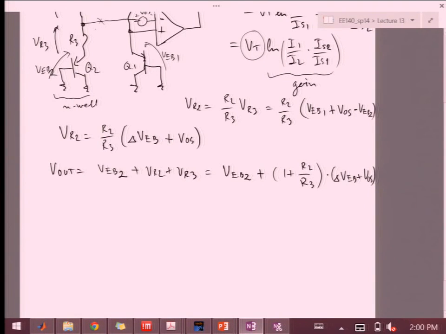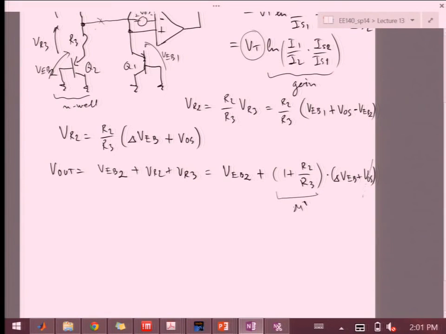It's exactly what we had previously in this conceptual thing, right? We had the VEB, which would give us our negative temperature coefficient. And we had a factor that I'm going to call here M prime. We had a gain factor, right? And then we said the delta VEB, so for VOS equals 0.